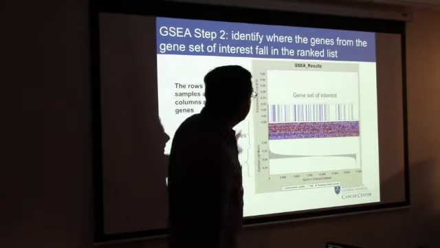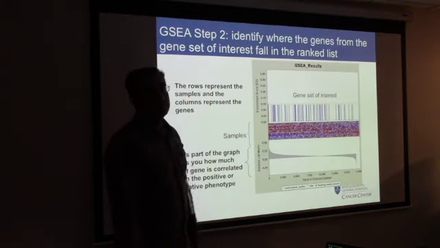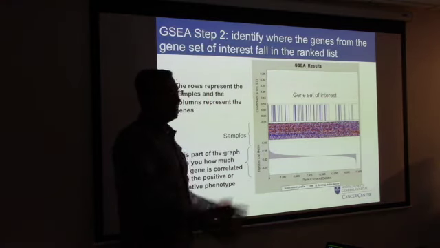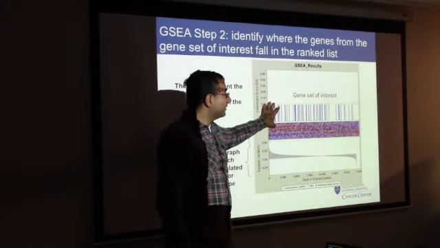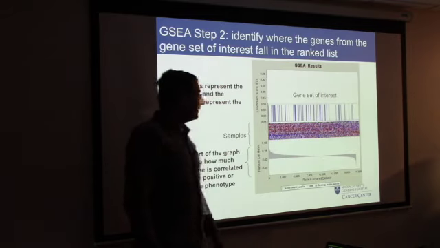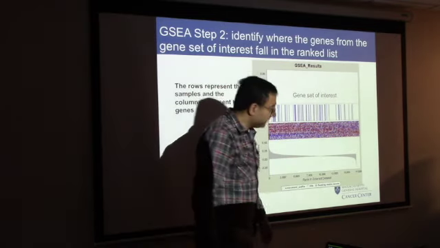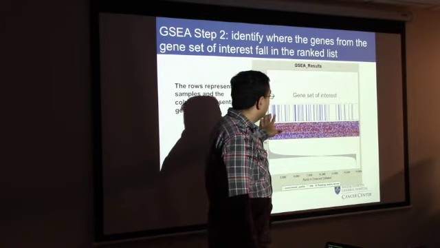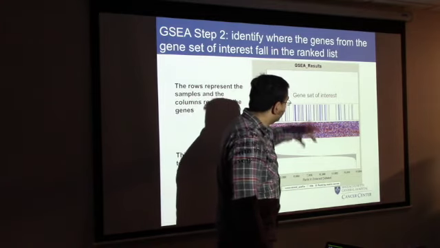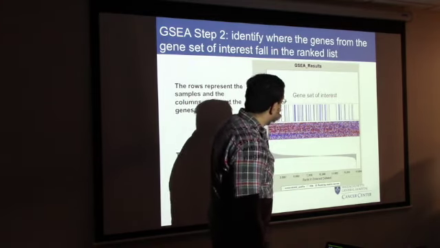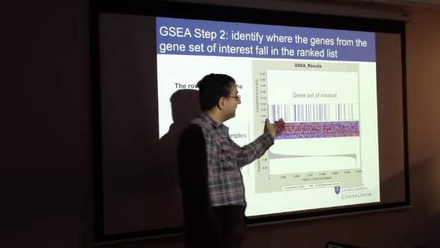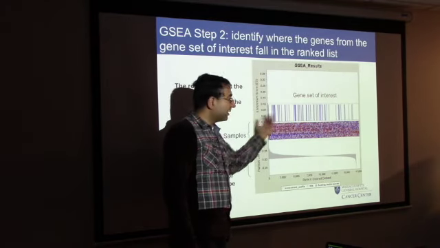And then, here are your gene sets of interest. So what we saw vertically, now we flipped horizontally. These are now your genes of interest. Even if you just look at their positioning, this one looks a little bit random, but there is still some clustering of these genes of interest in this part.